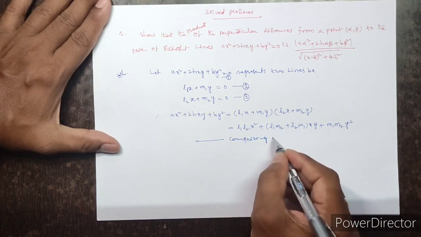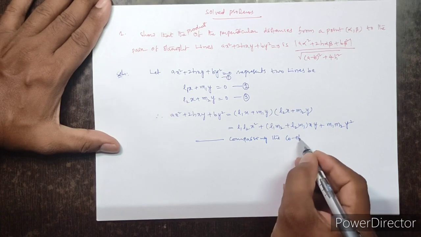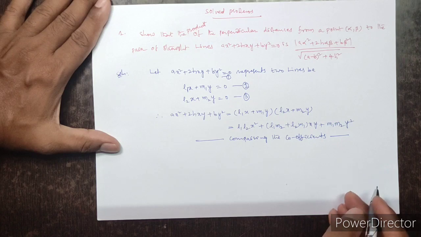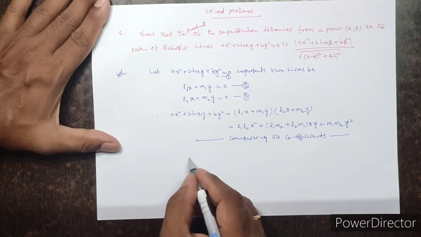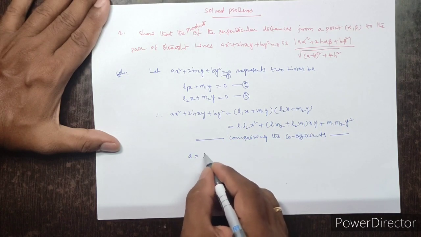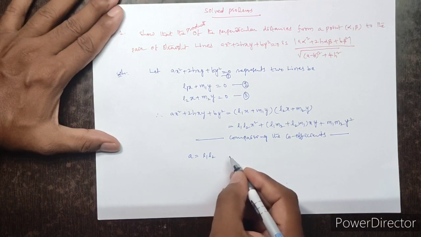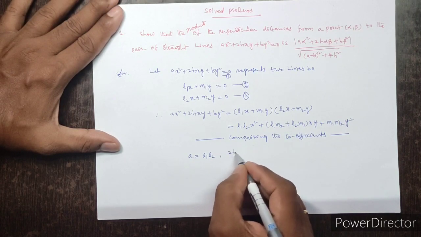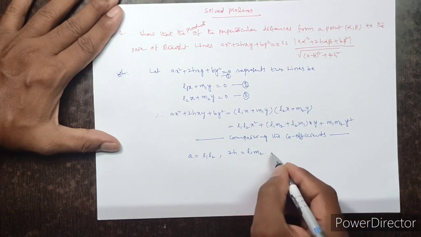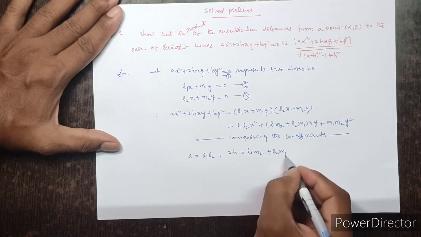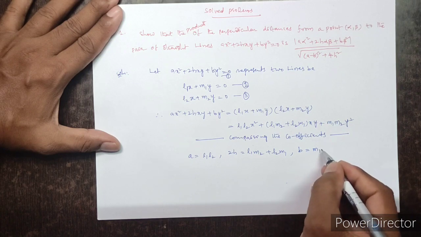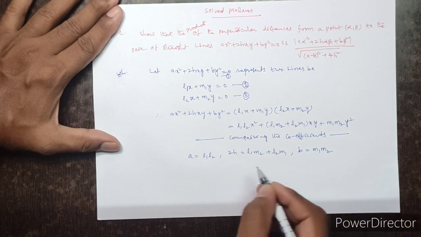Comparing the coefficients on both sides: what is a here? Coefficient of x square, that is L1 L2. What is 2h here? Coefficient of xy, that is L1 M2 plus L2 M1. What is b here? Coefficient of y square, that is M1 M2.